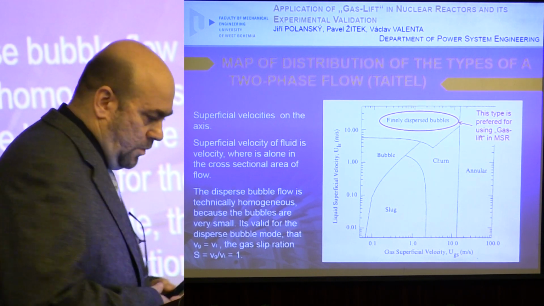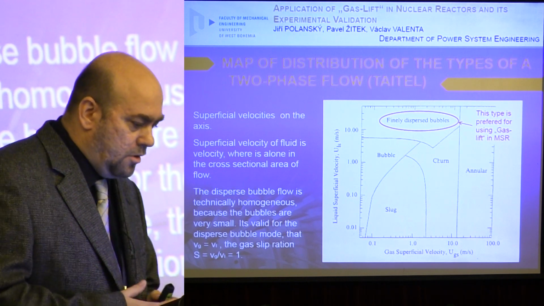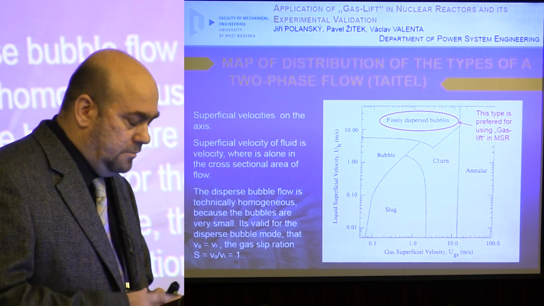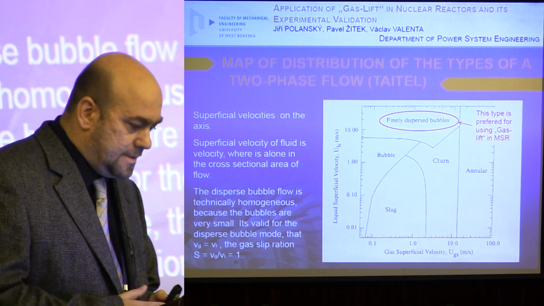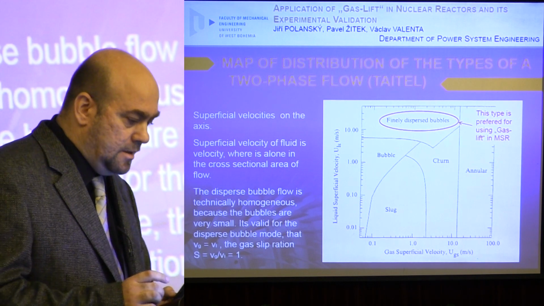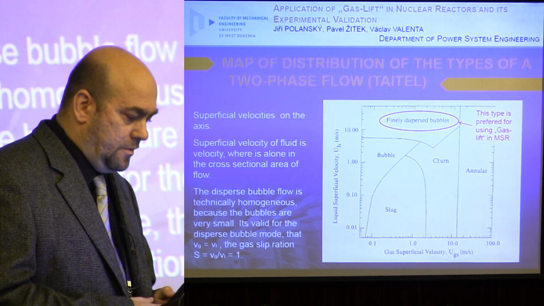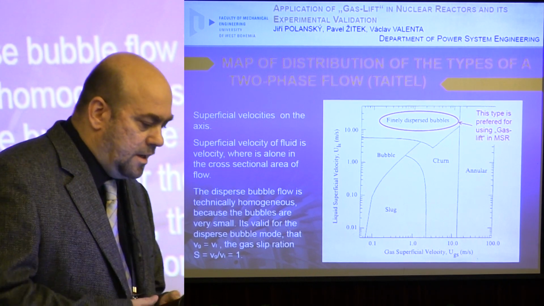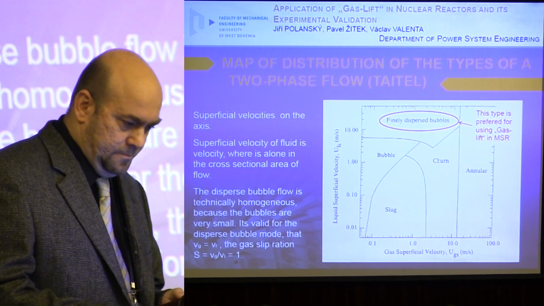Why? Because the flux is practically homogeneous. The flux includes small droplets, and the speed of the liquid phase is nearly the same as the gas phase. Then we can say that the slip ratio is close to 1.